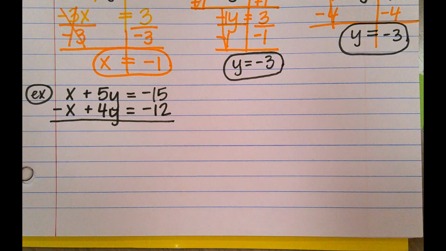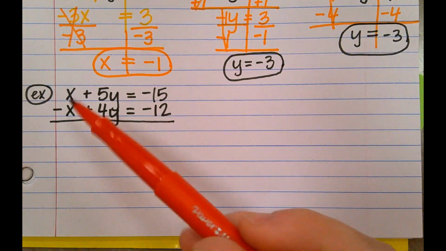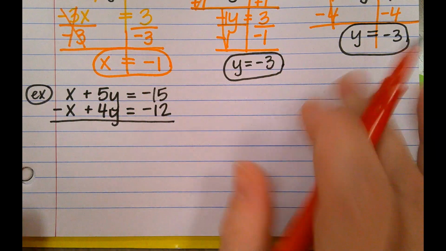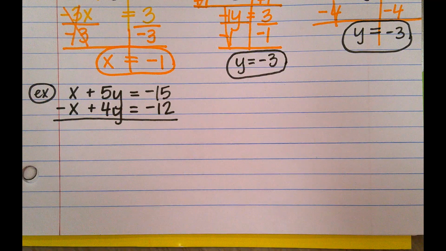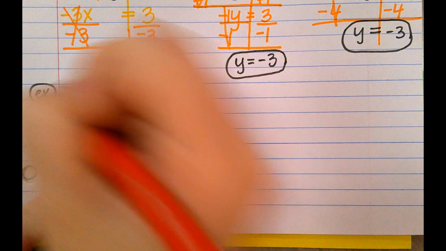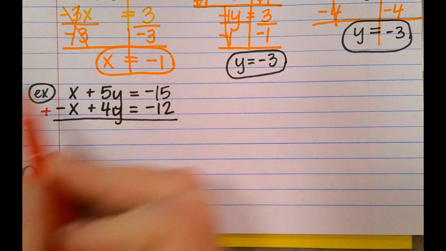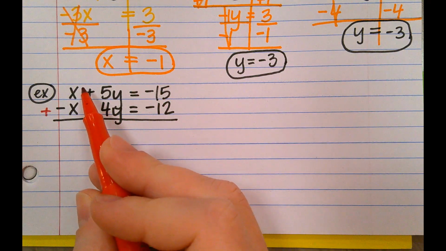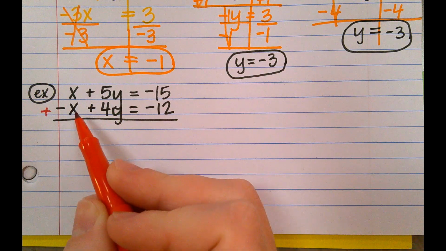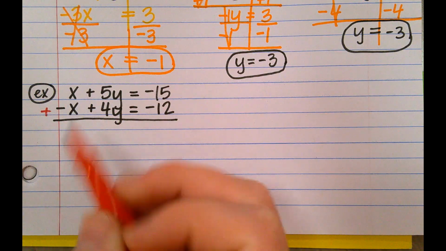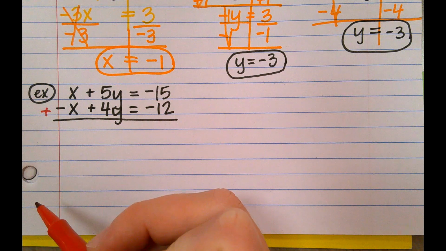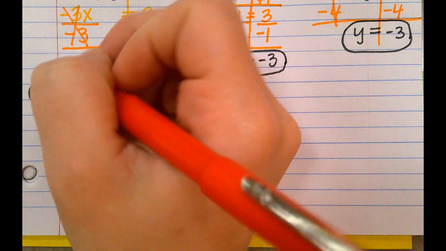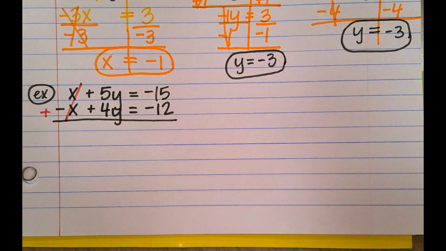Basically, what we're doing here is combining like terms, but vertically. So I'm going to add the equation on top to the equation on bottom. First, I have x plus negative x, or x minus x. What's that? 0. It cancels. We eliminated the x's this time.